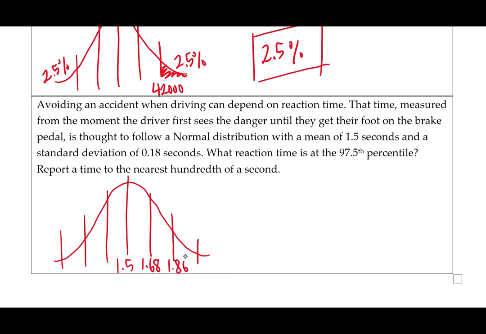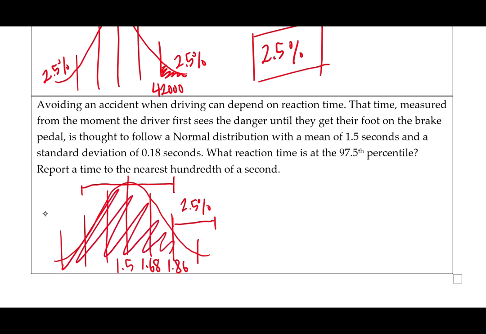And that's actually the value that I want, because I know that if this is 95%, this area here, which we just talked about, has 2.5%, which means that the area below it is 97.5%. That's what a percentile means. And so 1.86 seconds is the 97.5th percentile.